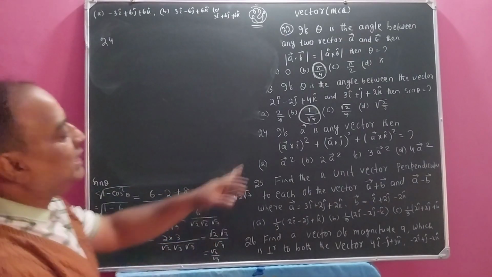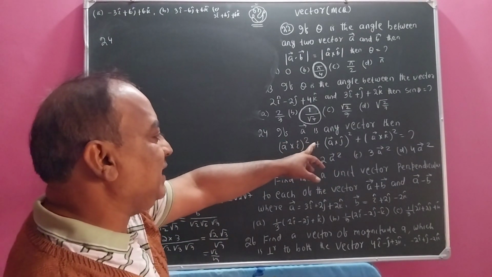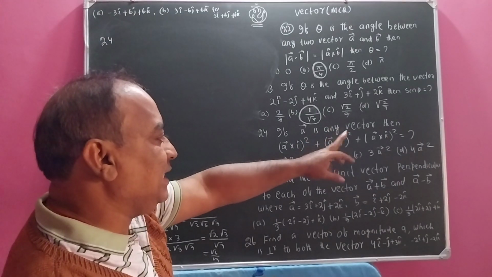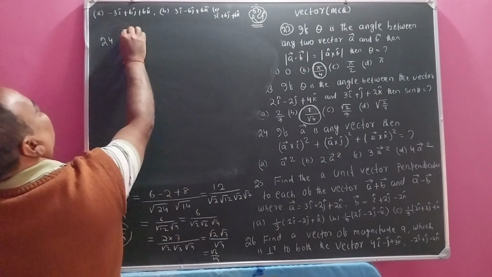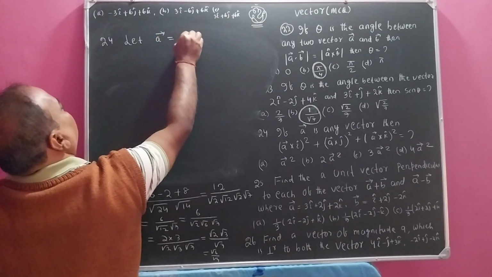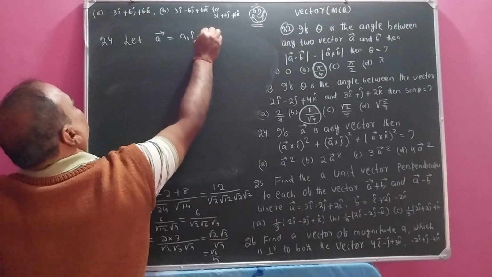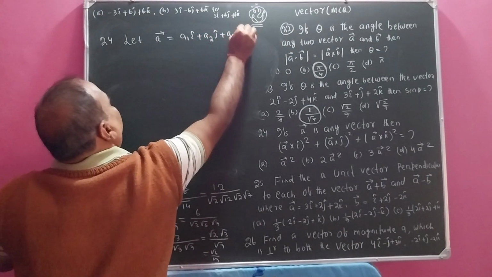If A vector is any vector, A cross I cap square plus A cross J cap square plus A cross K cap square, what is the value? Write down. Let A vector is equal to A1 I cap plus A2 j cap plus A3 k cap.